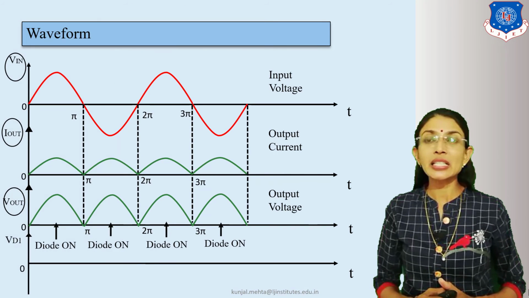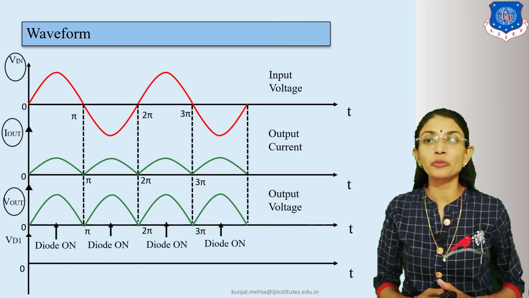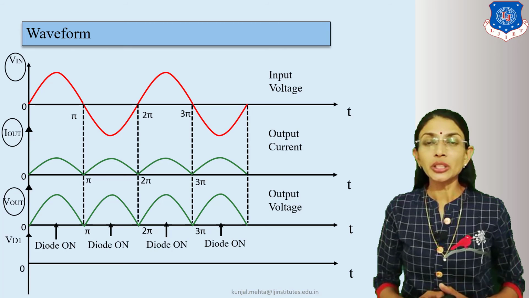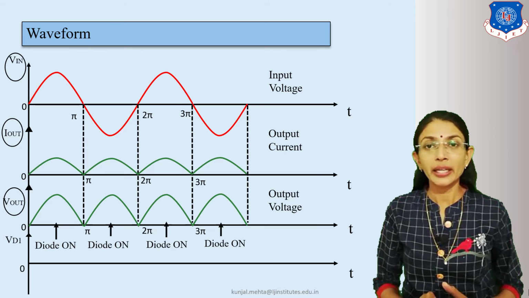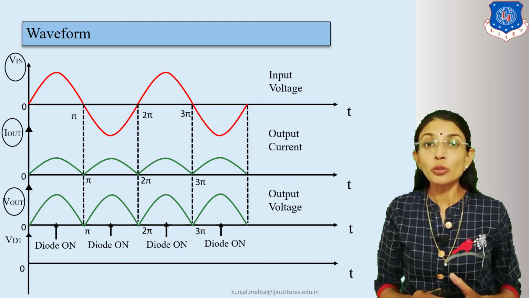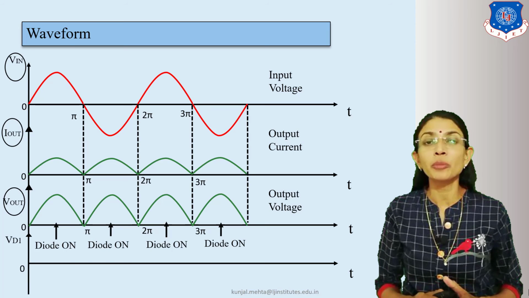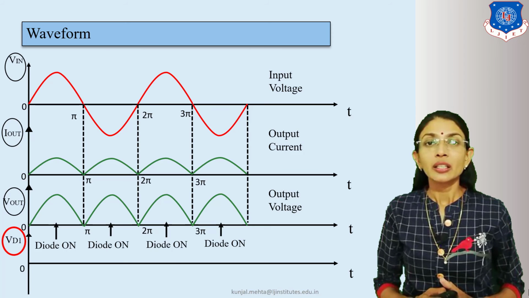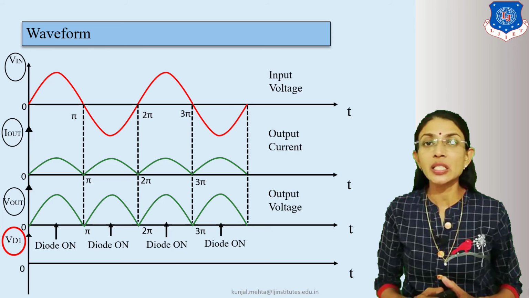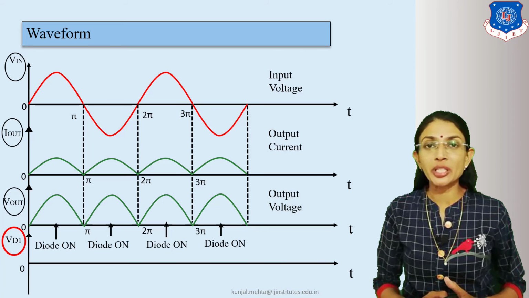Now look at this. These are the final waveforms of Vin, Iout, Vout, and if you want to draw the voltage waveform across the diode, it is known as VD1. Initially the diode D1 is a closed switch and then diode D1 is an open switch.